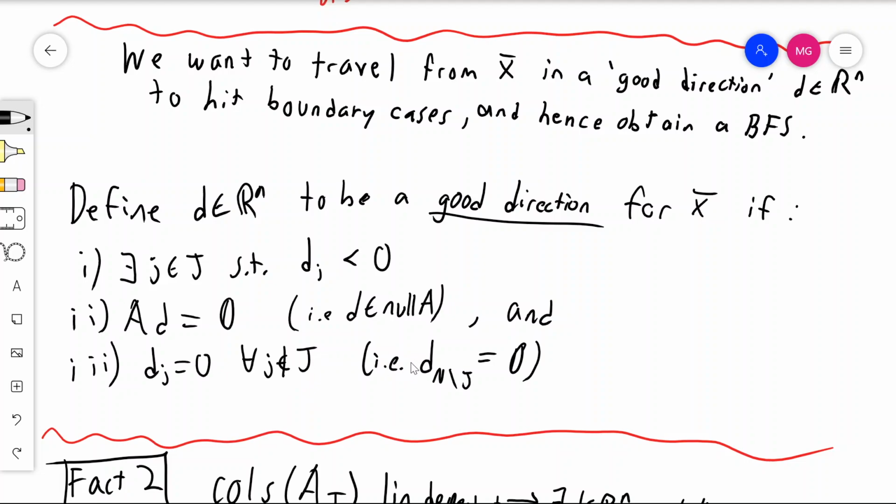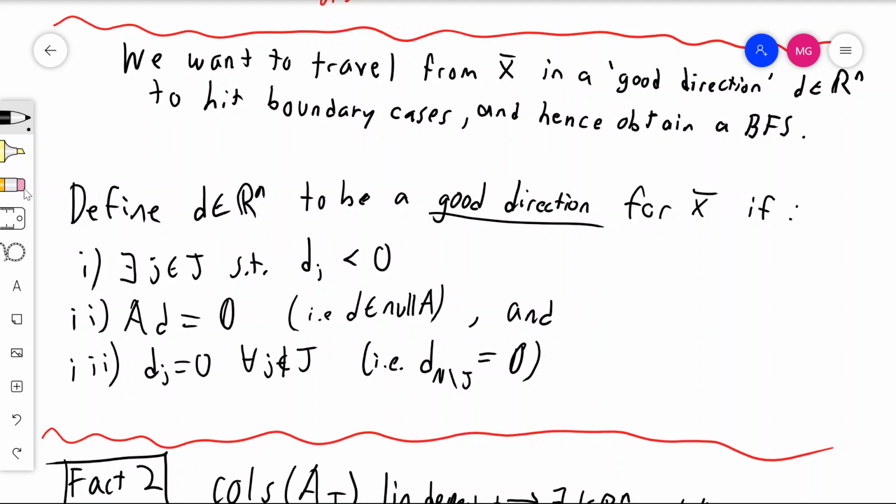So in other words, d of n not J is 0. Actually, this is a typo here. Sorry about that. I don't mean capital N. I mean lowercase bracketed n. Little n indicates all the column indices from 1 to little n. It's all the columns, the n of the space that we're living in. Capital N is the non-basic indices. That's not what I mean. I mean just the complement of J, so all the indices in little n except for J. So those are all zeros.